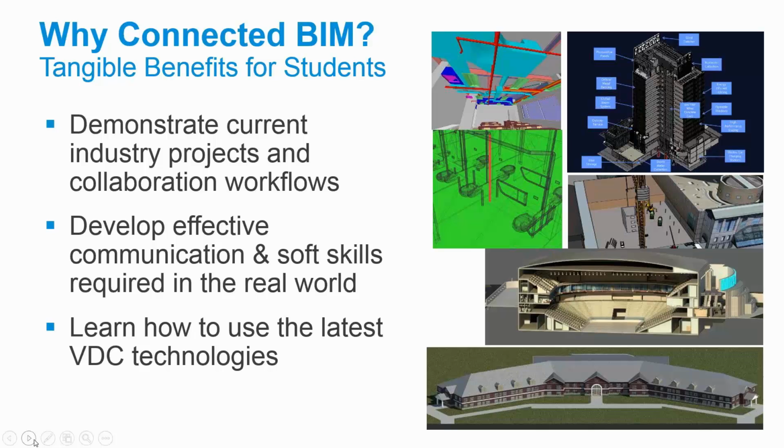It is basically the fundamental concept of connected BIM, and we can incorporate this concept into a classroom environment. We can develop effective communication and soft skills required in the real world. Communication and soft skills are highly prioritized student learning outcomes at most of the CM programs. The way the students interact and communicate in BIM 360 Glue helps the students develop effective communication skills aligned with the workflow in the real world.